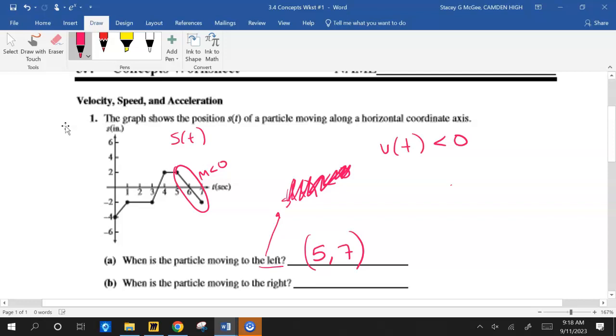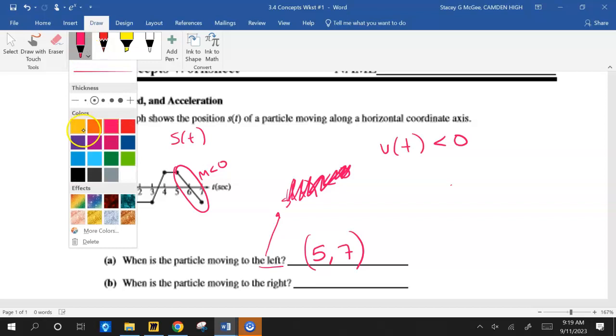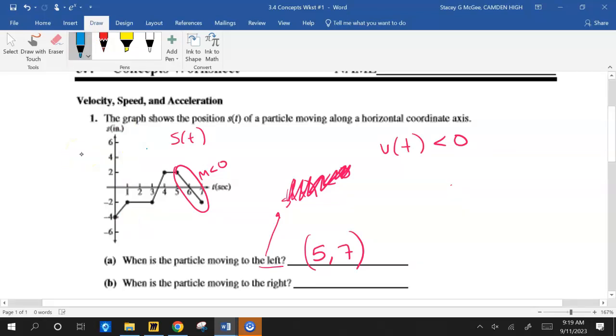When am I moving to the right? Everywhere else? Whoa, when it's flat, you're not moving. So let's think about this for just a minute. I stop and rest. I'm moving to the right. I'm moving to the right. I stop and rest. I'm moving to the left. How do I know? Because I'm looking at the slope of the lines.